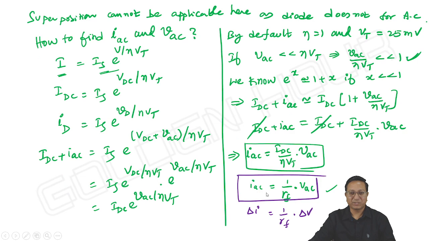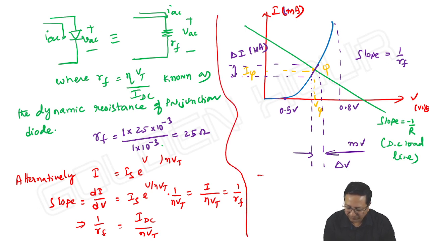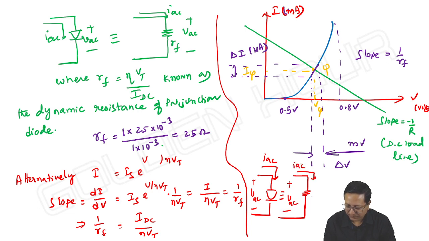But with respect to AC, what is the equivalent circuit of the diode? With respect to VAC and IAC, its equivalent is rf, or I can write it as R suffix f, a resistance. Okay, this is the idea.